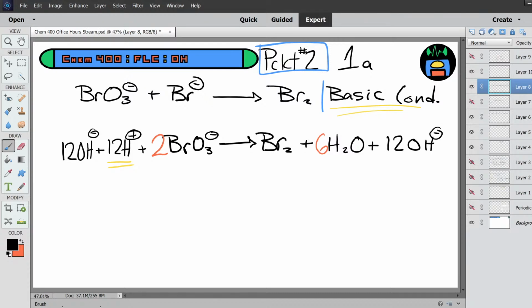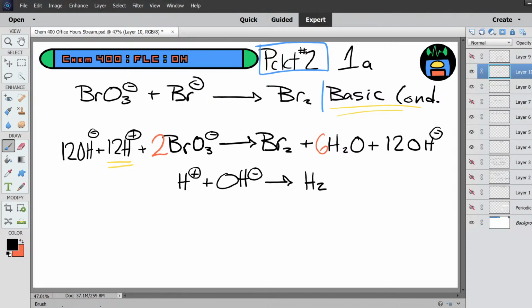And here's why. This works because one hydronium ion reacts with one hydroxide ion to produce one water molecule. That's a neutralization. All right.